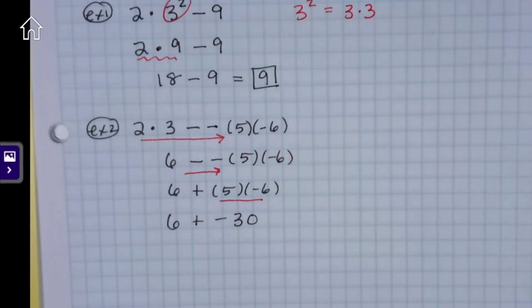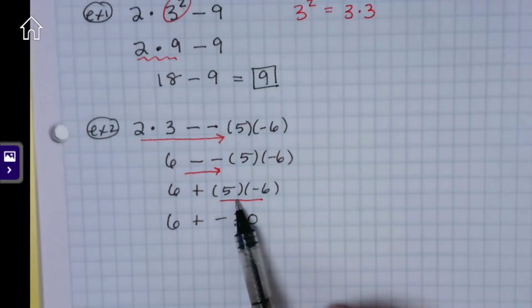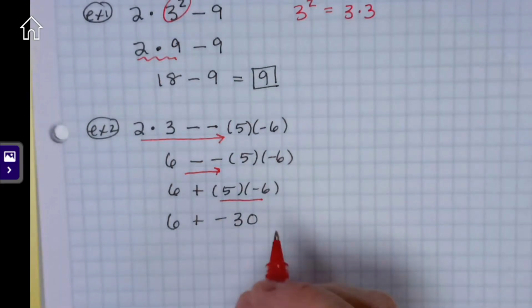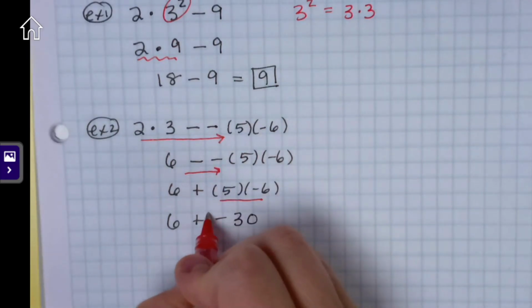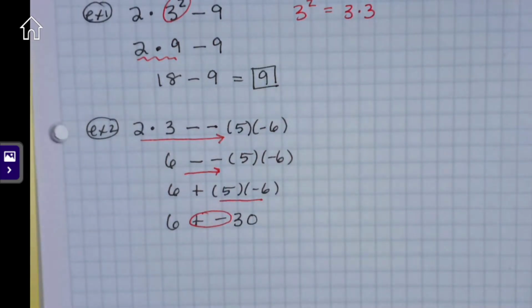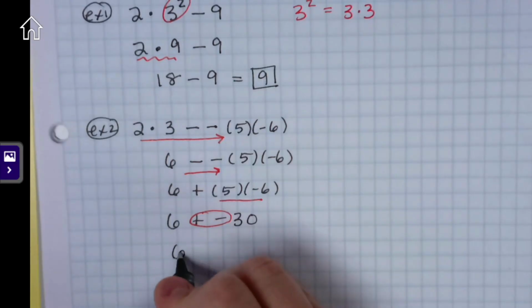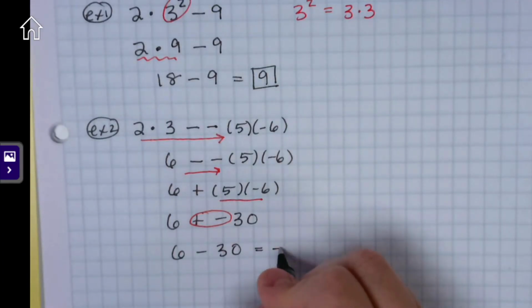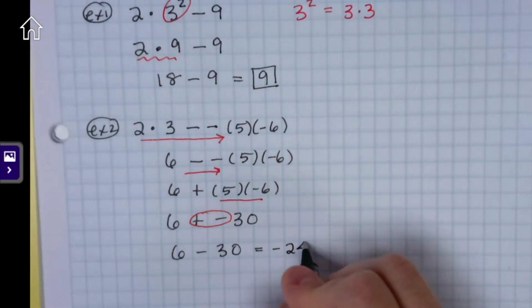Now what happens though sometimes is you get a double sign that's created as a result of multiplying. You do need to go back and start from the beginning, and any extra multiplication that's been created needs to be dealt with. So a positive times a negative is a negative. And then last is add, subtract. 6 minus 30 is negative 24.